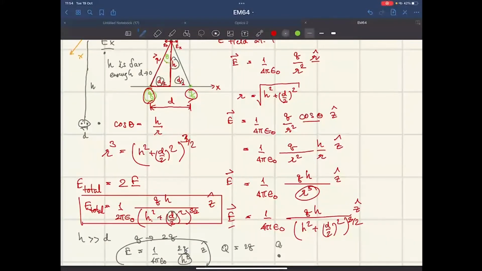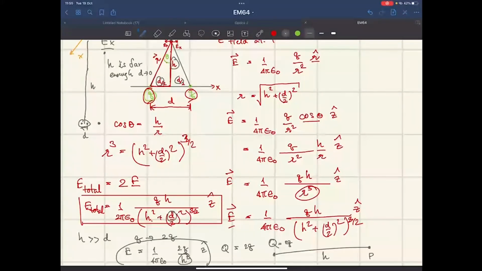Like you have Q here and Q here, and you go very far away, at distance H, and you want to know what the field is here. It's the same thing, with Q just being 2Q.